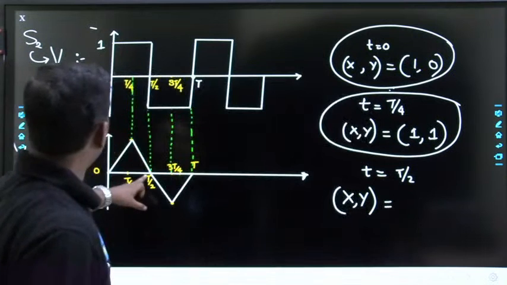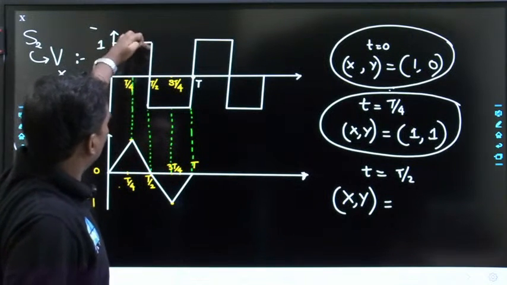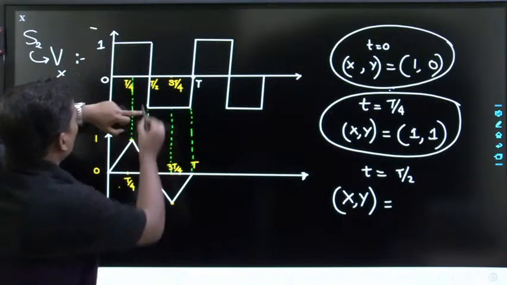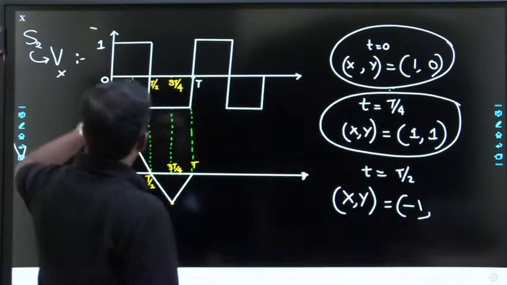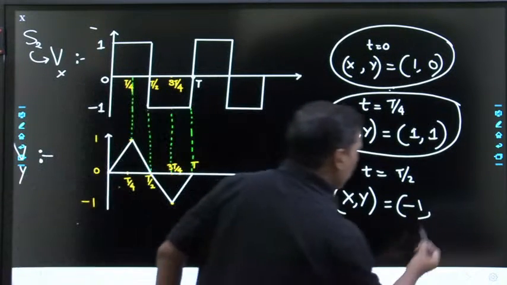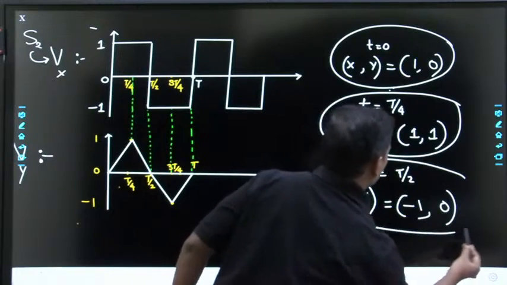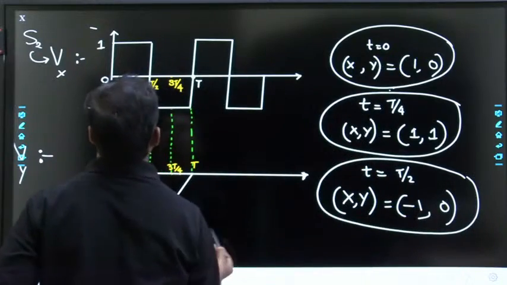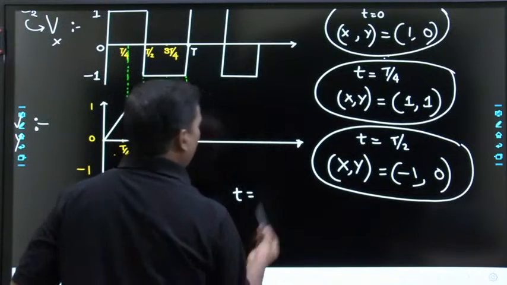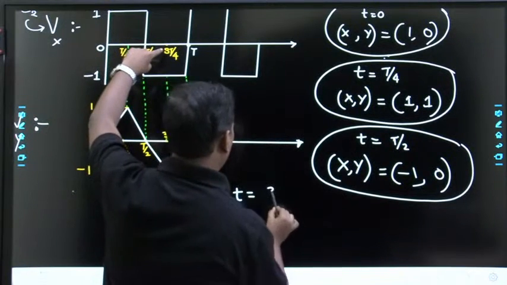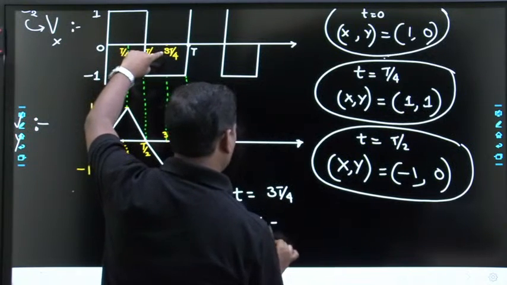At t is equal to t by 2, x is how much? Minus 1, no? Minus 1. And y at t is equal to t by 2 is 0. Followed or not, dear students? Next, at t is equal to 3t by 4, what is x comma y?